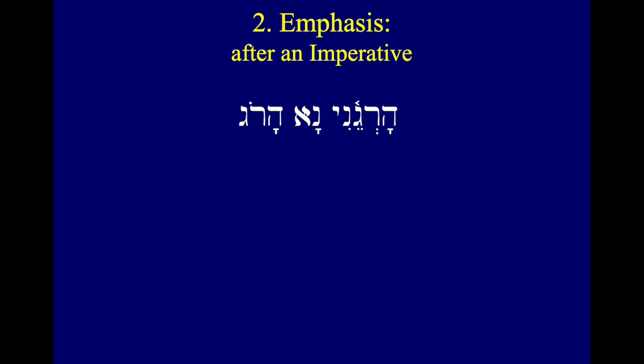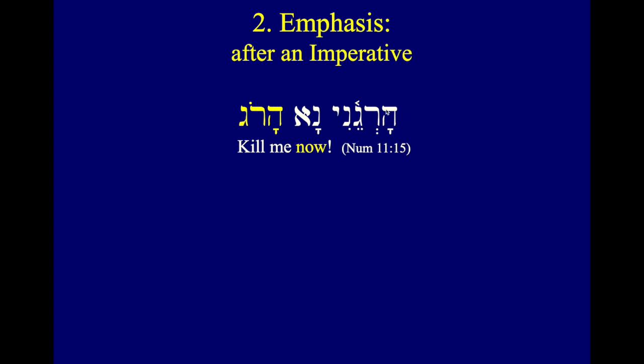Okay, so in emphasis, it can sometimes occur after the imperative. So here we have this verb harag, which means to kill, to slay. So haregeni, you don't know this quite yet, but this is the ni, which is like me, and harag is to kill.